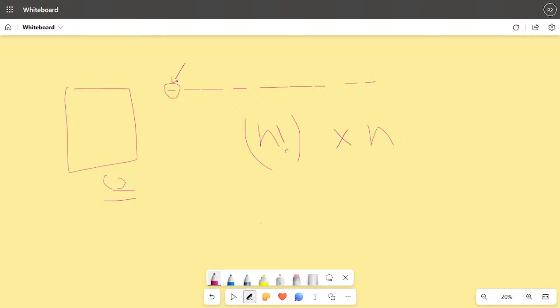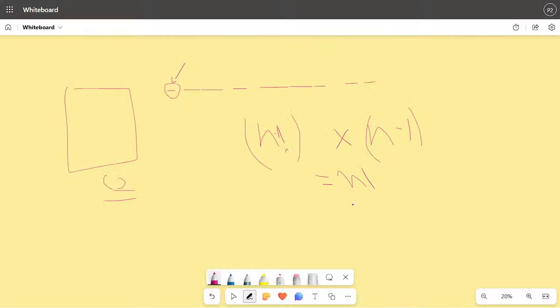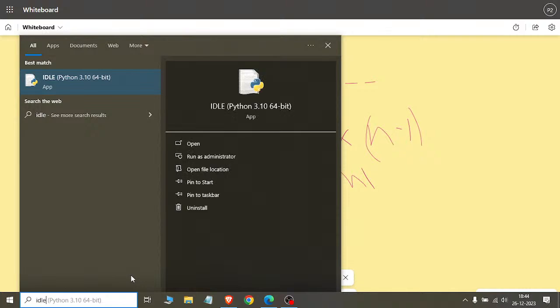I will assume that he is the first one and then just permute on the rest, so (n minus 1) factorial permutations, times n minus 1 for solving. But this is still approximately n factorial. So as n is 20, 20 factorial won't pass. We can quickly see the value of 20 factorial also.